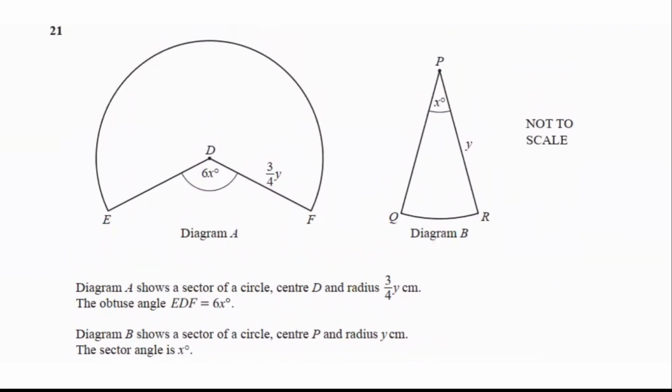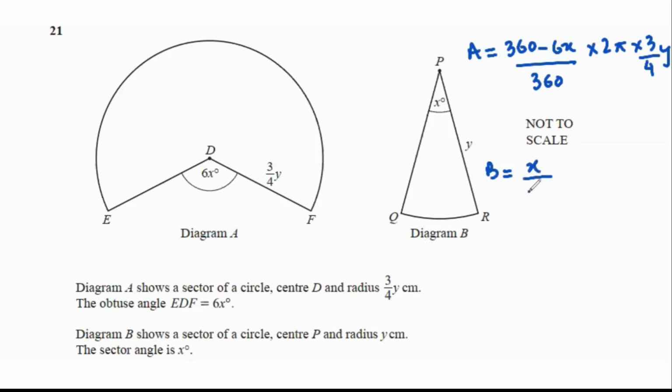So what we're going to do is, let's make the formula for the arc for both the diagrams. So for A, it's going to be 360 minus 6x over 360 times 2 pi times 3 over 4y. For B, it's going to be x over 360 times 2 pi times y.